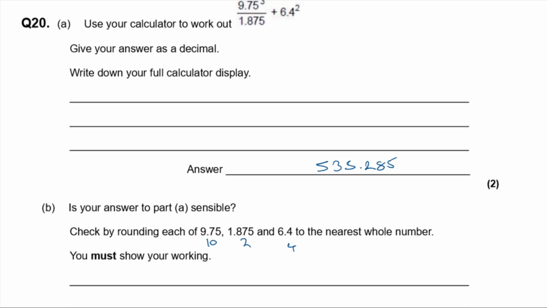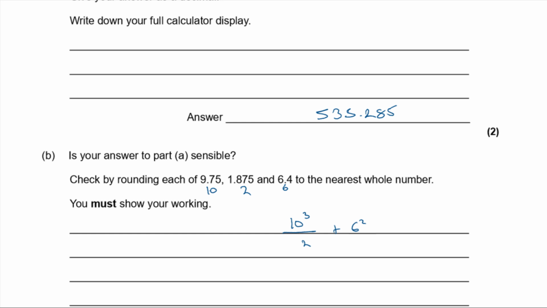And then doing the same calculation again, it's going to be 10 cubed over 2 plus, why did I write 4 there? It's 6. Plus 6 squared. Okay, so what's that then?